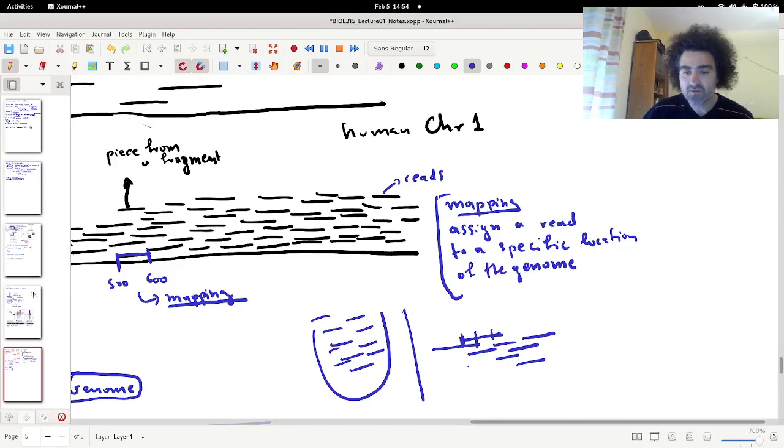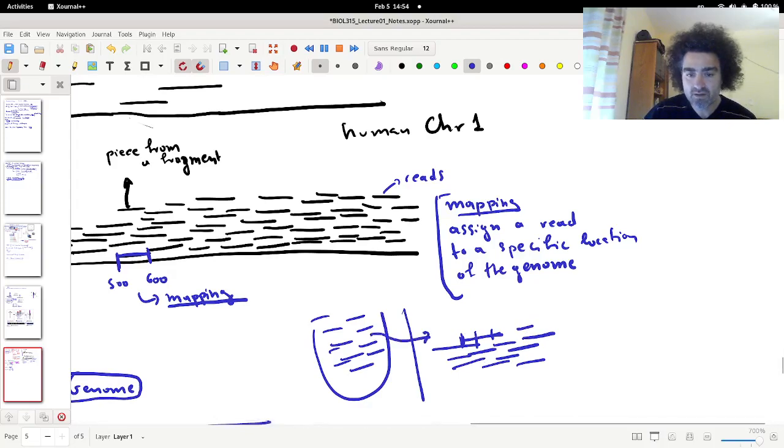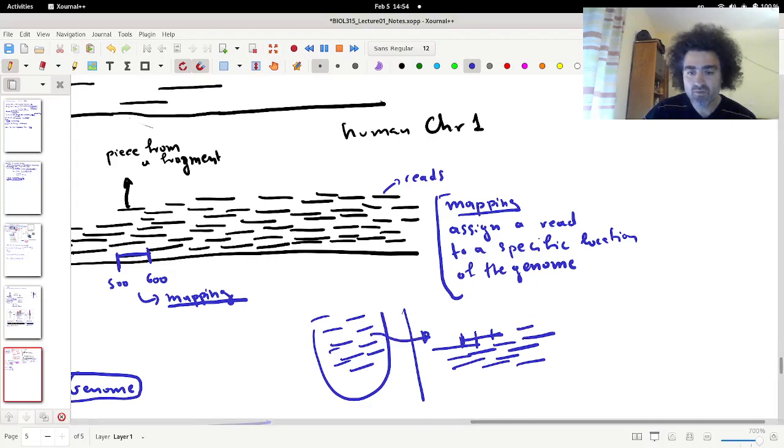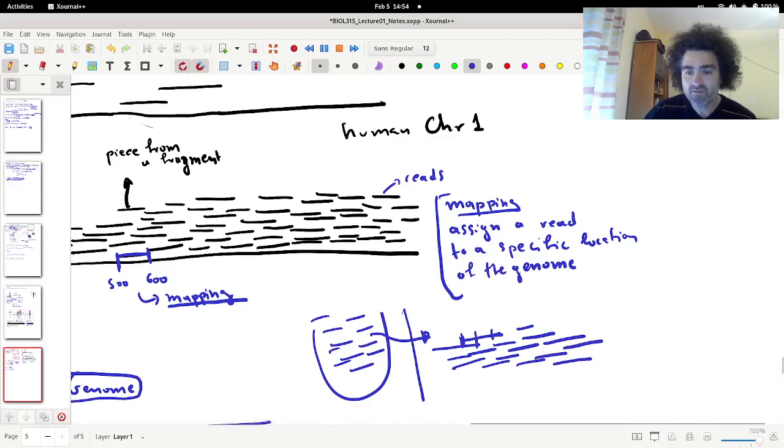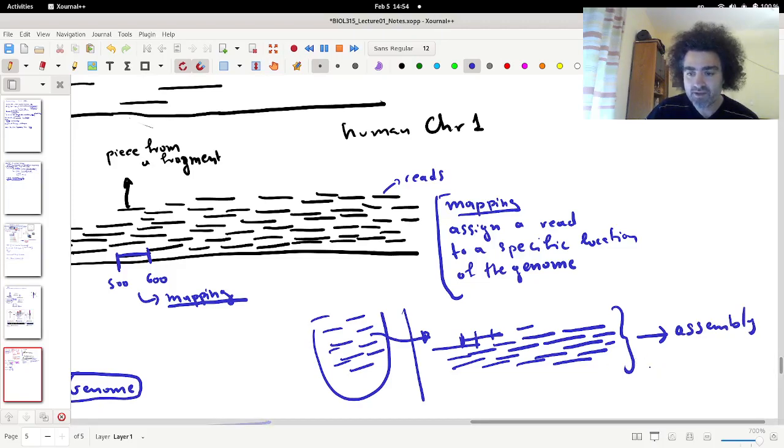So there are algorithms that try, from this bag of reads, to put them in an order, find the overlapped parts and do something like that, and from this build what's called an assembly, which will be something like a reference genome.